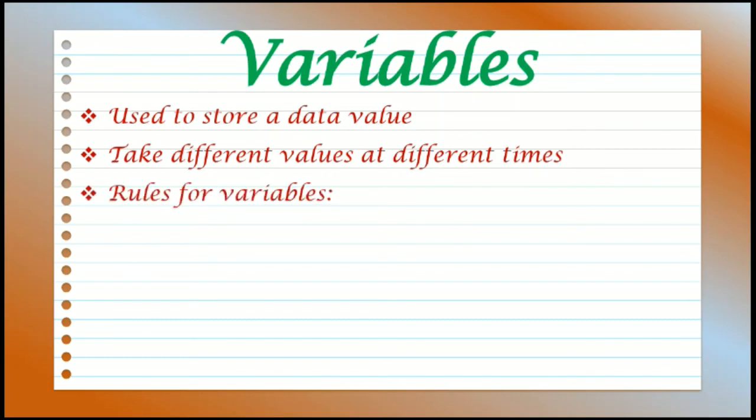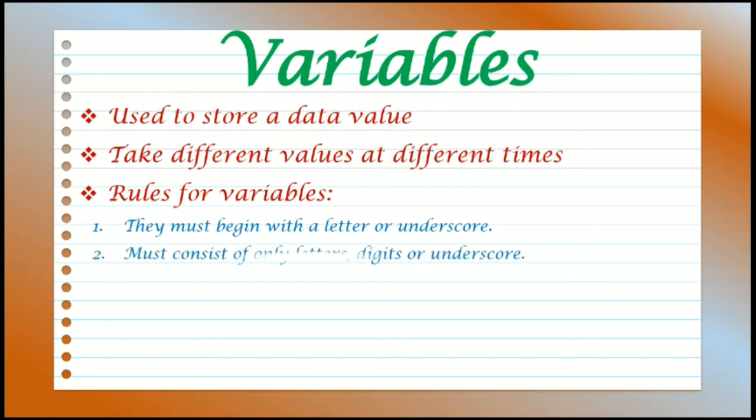In that, first one, they must begin with a letter or underscore. Next one, must consist of only letters, digits or underscore. Third rule is only the first 31 characters are significant.